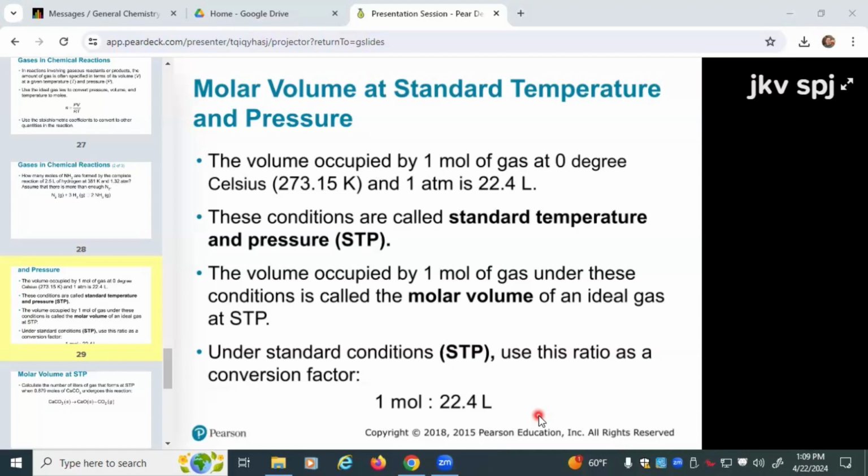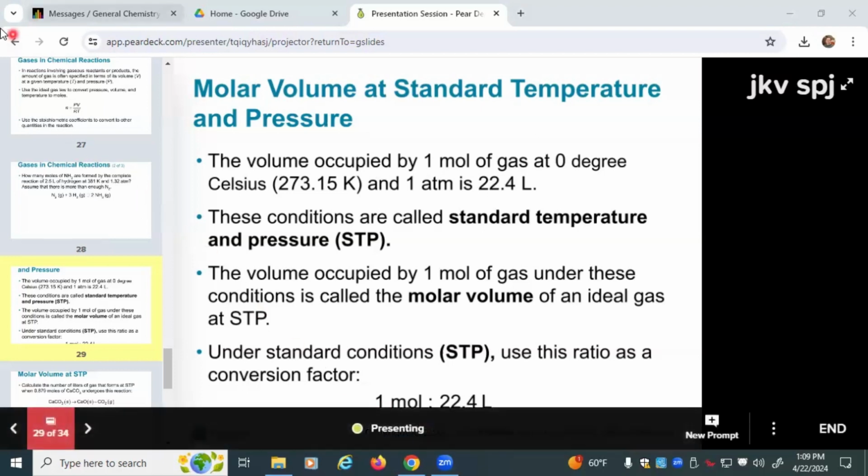I can use this conversion to do so if I'm at STP. And from a stoichiometry standpoint, that makes things a whole lot easier when we're trying to figure out what's going on in a reaction and trying to calculate reactants or products when they happen to be in the gas phase, when it might not be possible for us to measure their masses and do stoichiometry the more traditional, normal one.